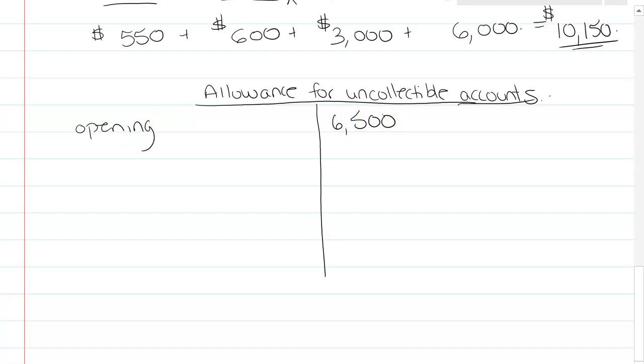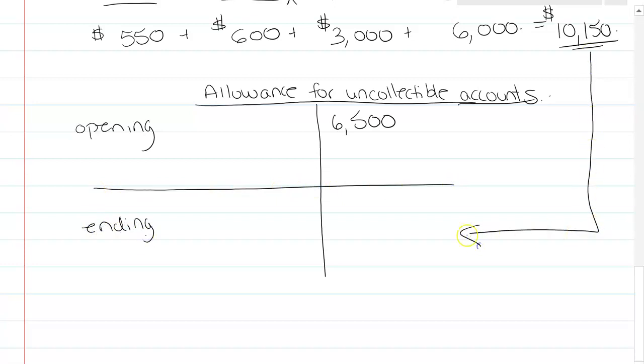If we were working on different problems, we may see debits and credits go in and out of this account. If we're assuming nothing else has happened, then what we're trying to determine is what our adjusting journal entry needs to be, because this 10,150 is just the ending balance that I calculated.